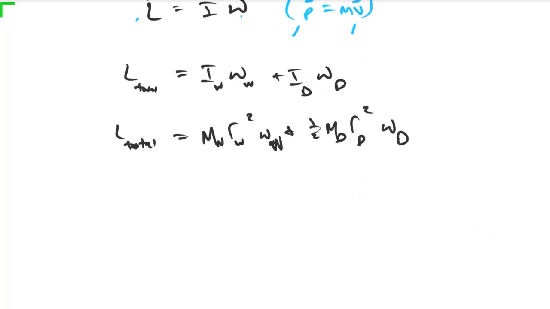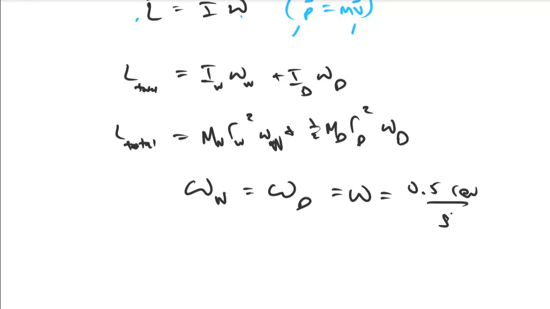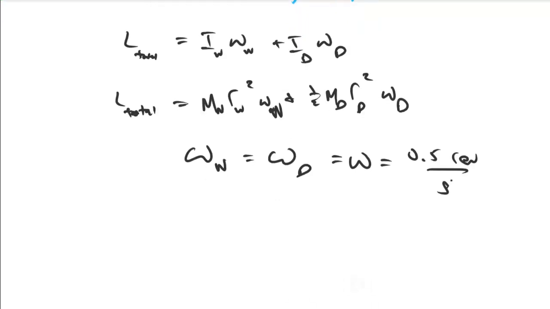Omega of the woman is equal to omega of the disk, which I'll just call omega, which is 0.5 revolutions per second. But let's put this in radians per second. This comes out to pi radians per second.